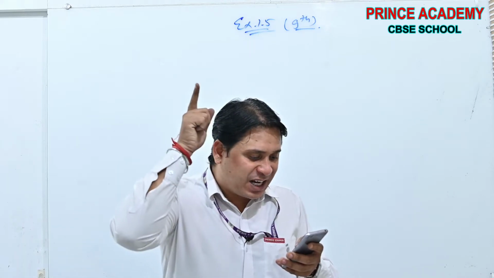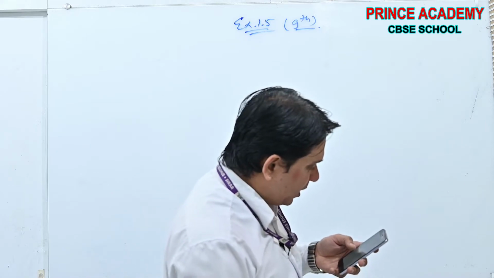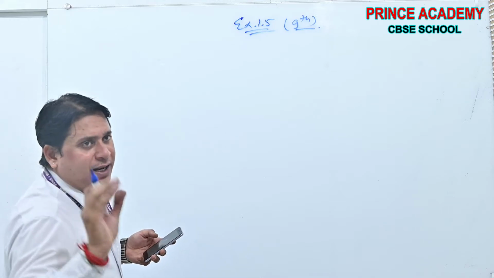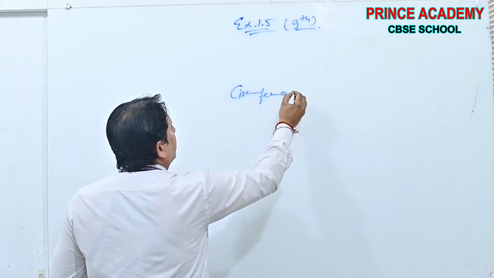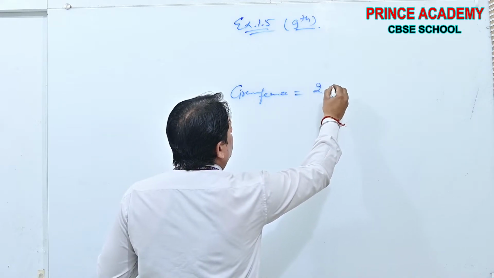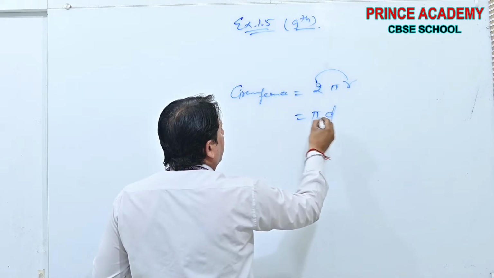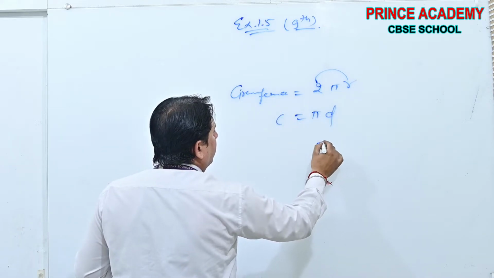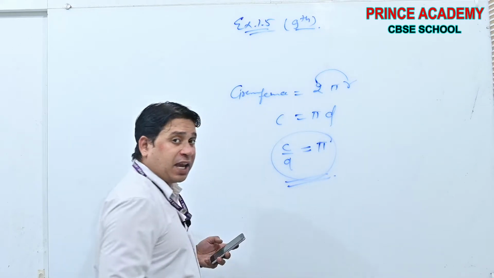Recall pi is defined as the ratio of circumference and diameter d. What does it mean? See beta, generally in your earlier classes you have studied, circumference is equal to 2 pi r, and 2r is diameter, therefore we can get pi is equal to c by d, and it should be rational.